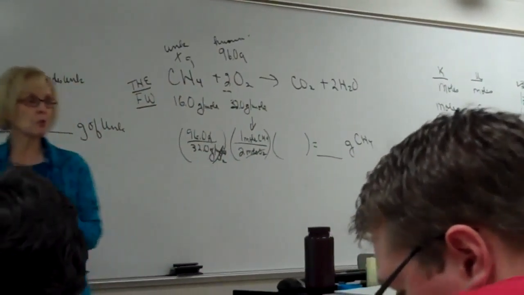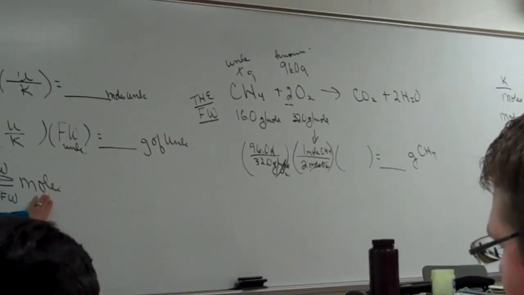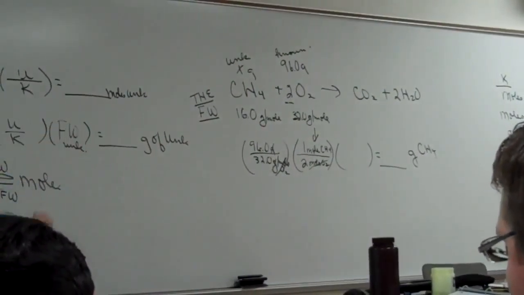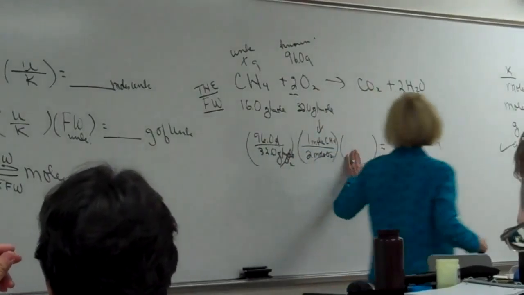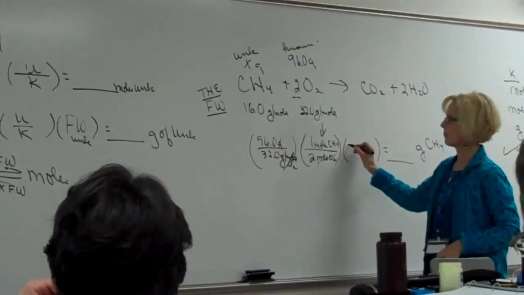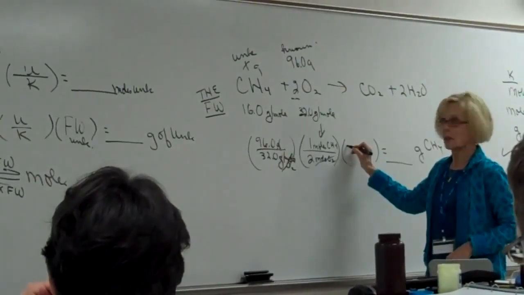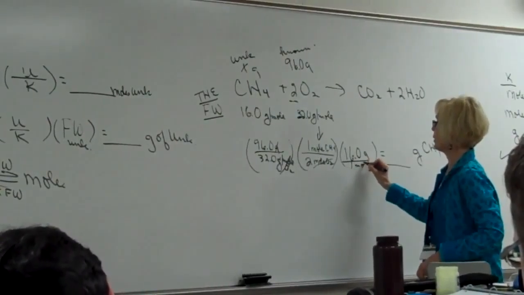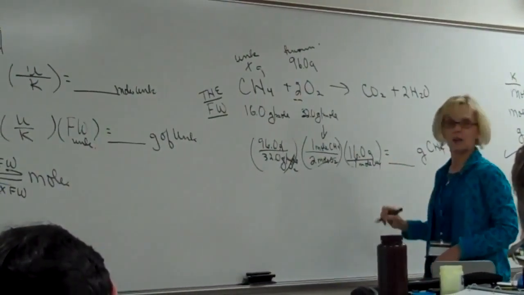If you were back in chapter 2, you had moles of it. You want to get to grams of it. What should I stick in there? The formula mass of what? Methane. Okay. 16.0 grams of methane for every 1 mole of methane.